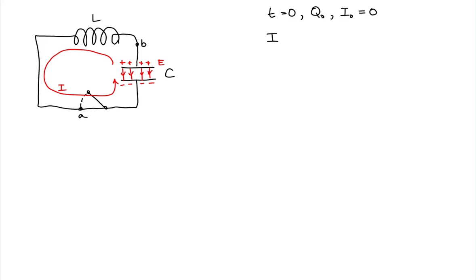Let's indicate that the current is equal to the time rate of change of charge. Since the source of the charge is the charges that are removed from the capacitor's plates, this is going to have to be a minus sign indicating the removal of that charge. So here is our current as a time rate of change of charge.